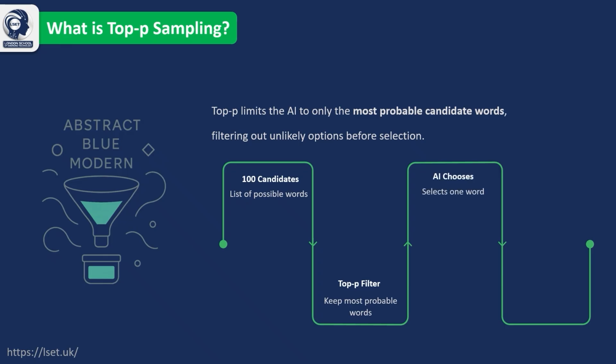The AI then selects the next word from this smaller, high-quality group and continues generating the response in the same way. In simple terms, top P helps the AI focus on the most relevant word choices, improving the coherence and quality of the final output while reducing the chances of selecting unlikely or irrelevant words.